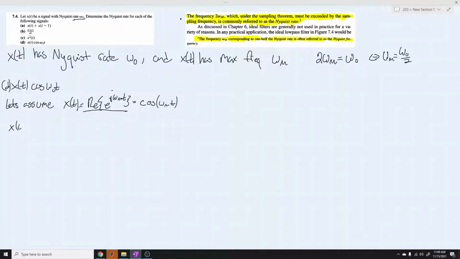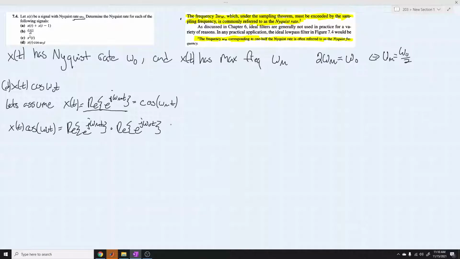So we have x of t cosine omega sub naught of t, and we'll replace x of t with the real part of e to the j omega m of t, times the real part of e to the j omega sub naught of t, because the real part of e to the j omega sub naught of t is equal to cosine of omega sub naught of t.